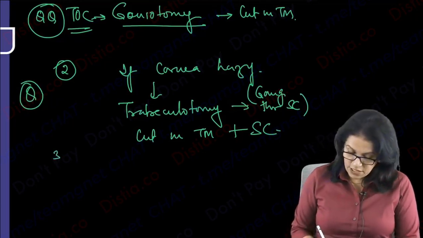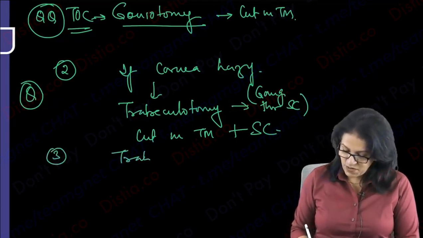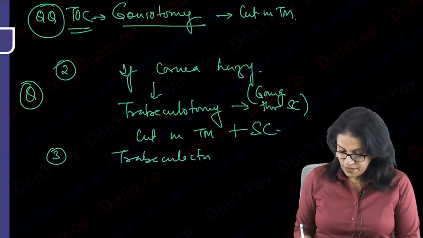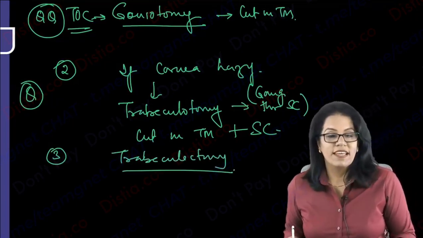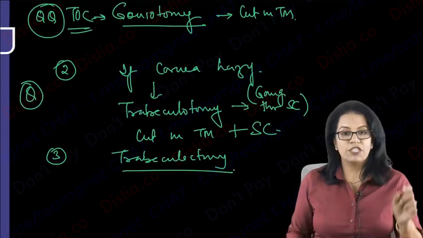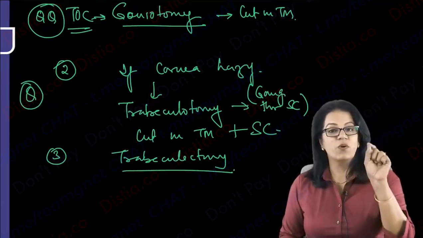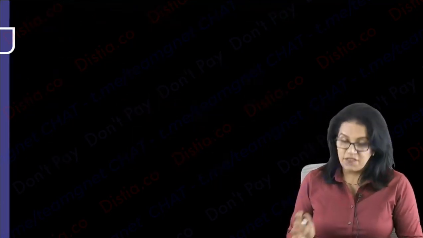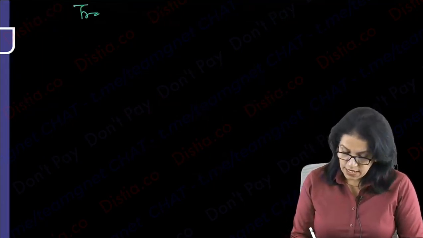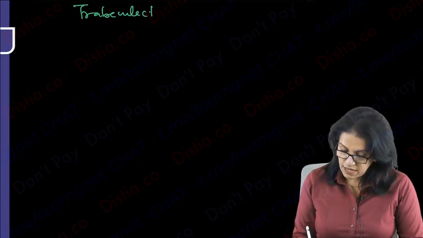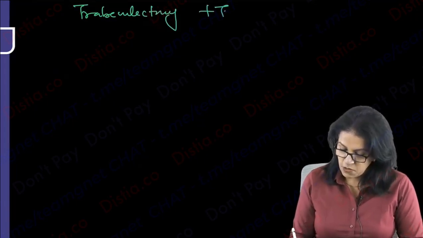And what is trabeculectomy? I have already discussed this with you all. Right? This can also be an option. Now pay attention. If your question is treatment of choice and goniotomy is not in the options, our next best option is trabeculectomy with trabeculotomy. Okay?